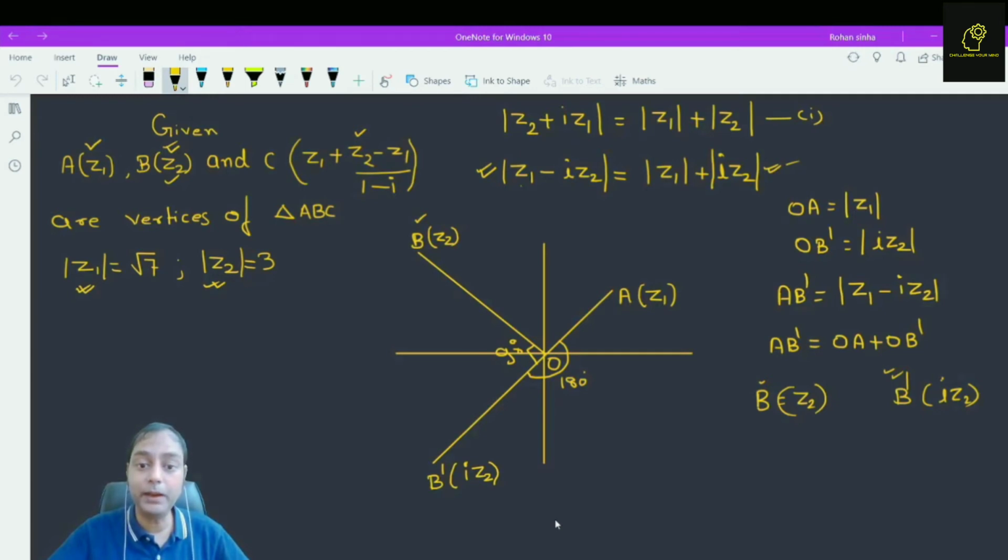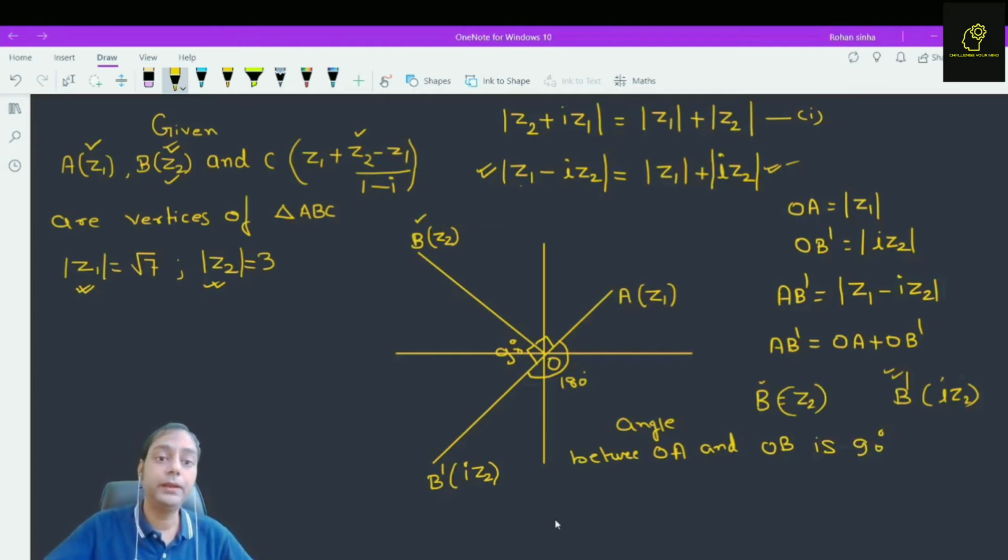So what is the angle between A and B? The angle between OA and OB is 90 degrees here.